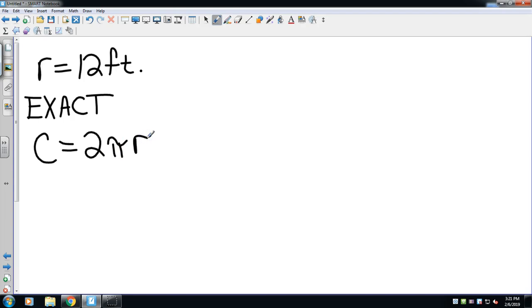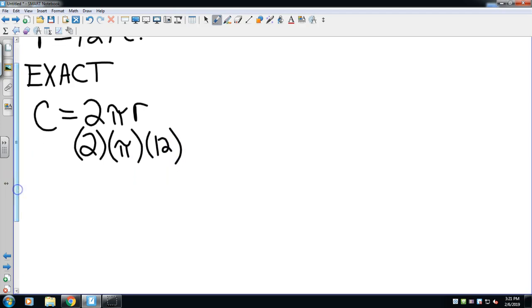Now, this is the point where we would not substitute the value 3.14 in for pi. They want to know exactly what it is, so that's going to be 2 times pi times 12 feet. So go ahead and multiply the numbers. That's going to give me 24 pi feet.